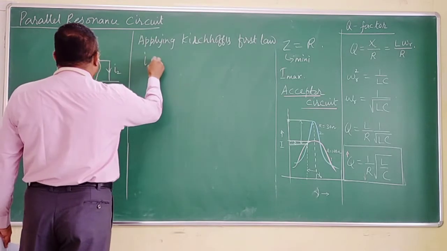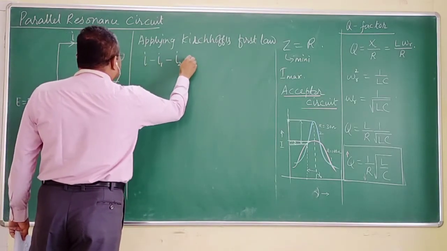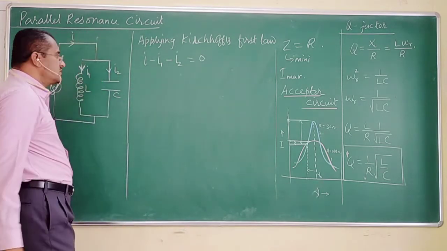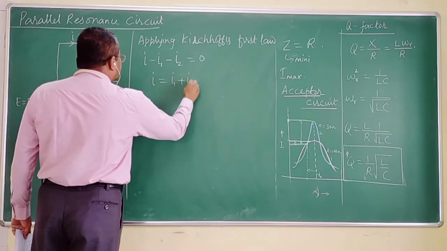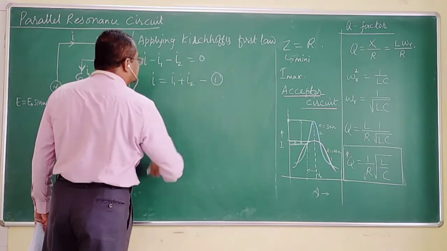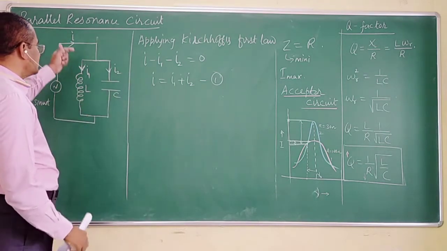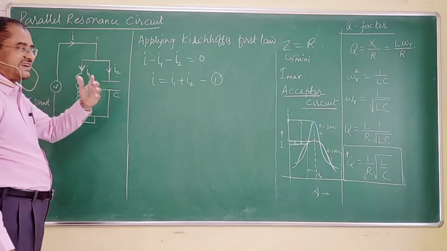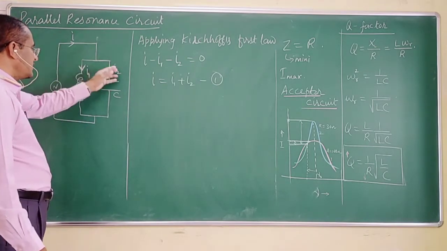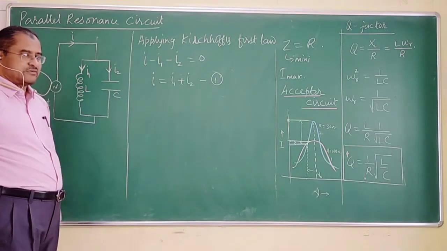Therefore, I can write I minus I1 minus I2 is equal to 0, or I is equal to I1 plus I2. Let me call this equation number 1. If you are not familiar with this, if I take this as the junction, those currents flowing towards the junction I have taken positive, and those moving away from the junction, negative. Hence equation 1.